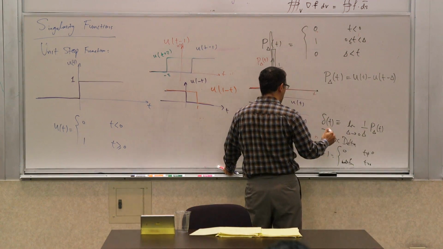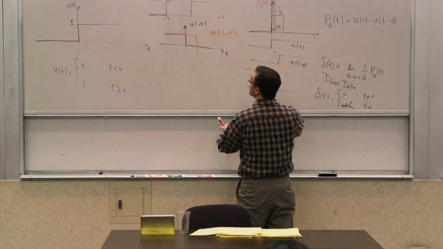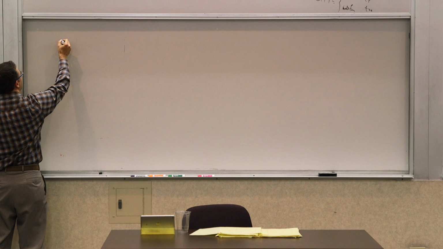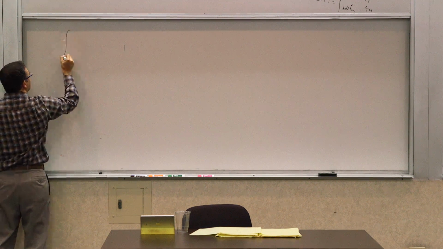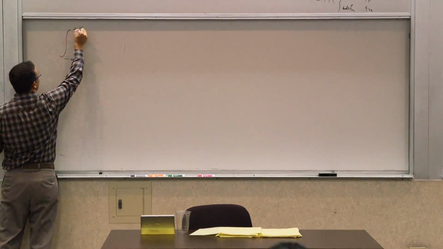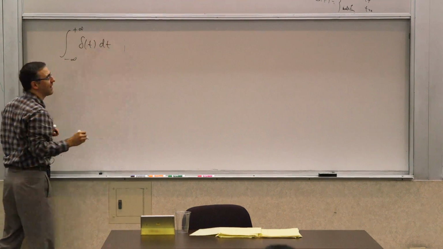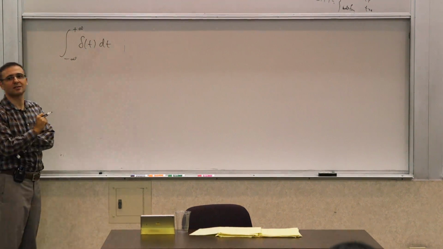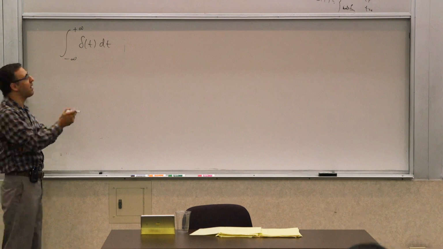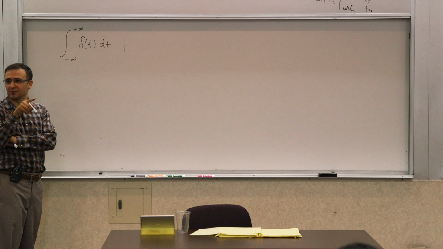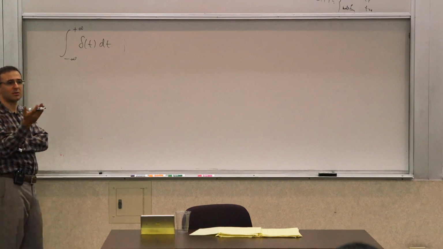But what we know about it is something interesting and useful. If you take the Dirac delta and look at its integral from negative infinity to positive infinity, what is the area under this delta? It's 1, because of the way we defined it. Independent of the value of capital delta, its area was 1.